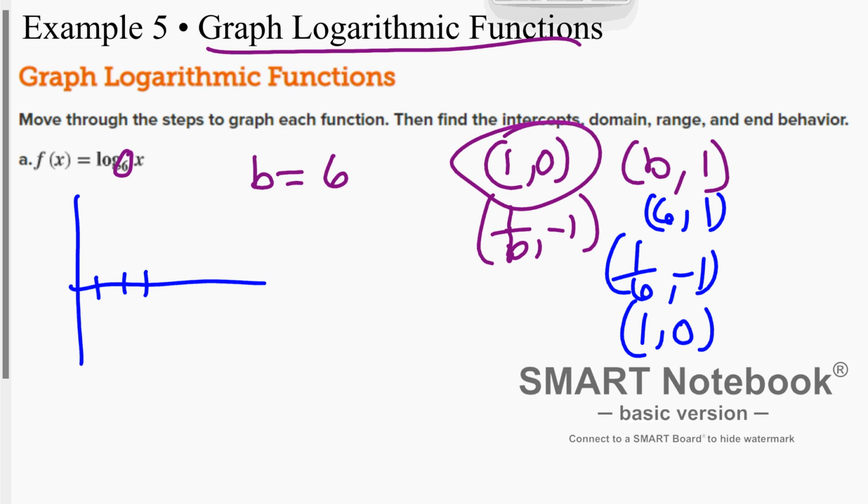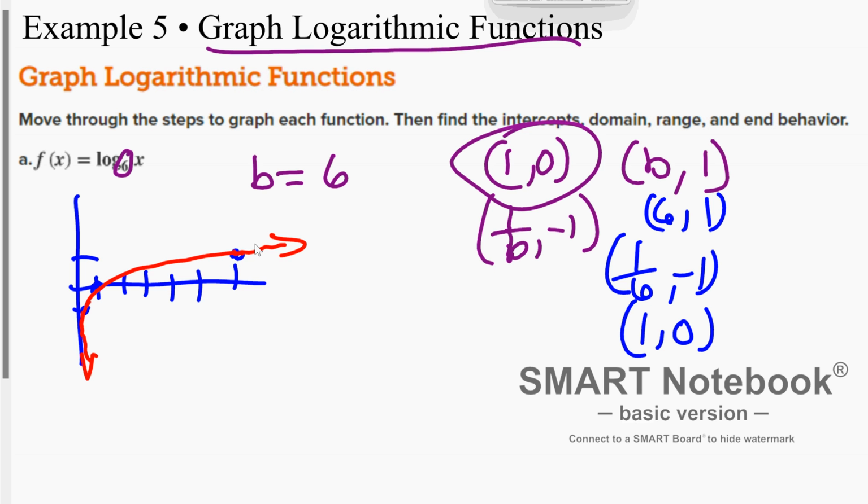1, 2, 3, 4, 5, 6, 1; 1 over 6, which is maybe right there, -1; and then 1, 0. And then we just make a smooth curve, and we keep on going, get closer, but we never cross that line. And then we keep going up like that.